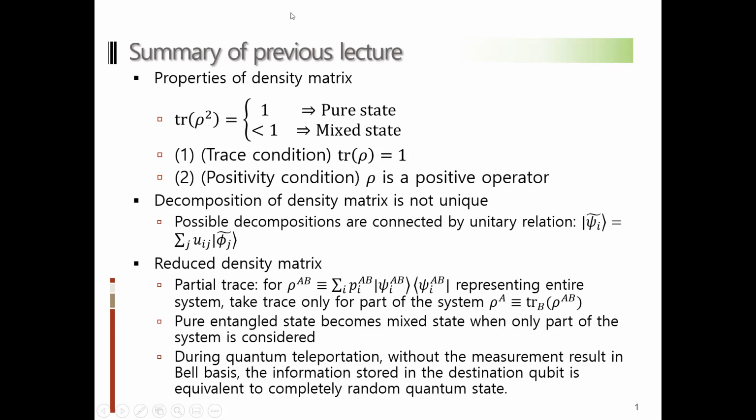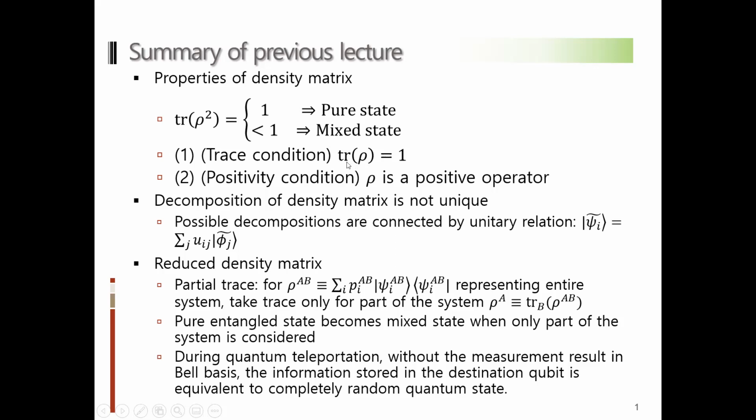And even though the density matrix might look like a very special type of matrix, it turned out that as long as your matrix satisfies only these two conditions, it is eligible to be a valid density matrix.